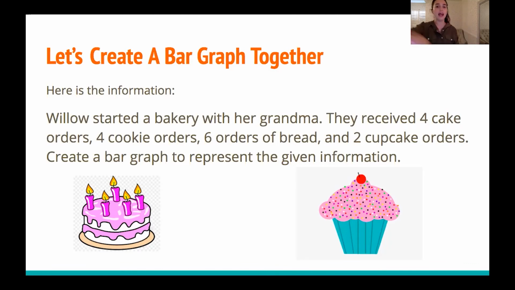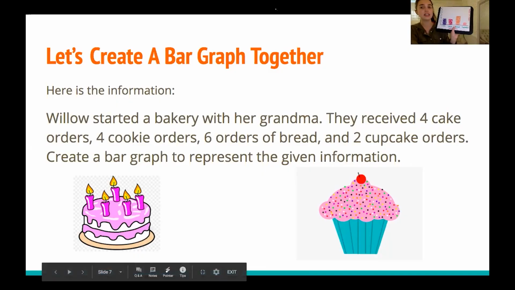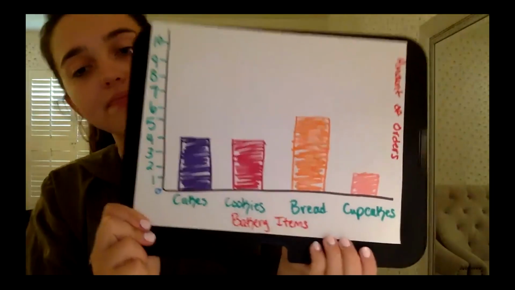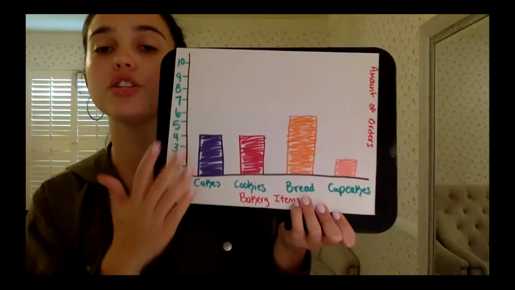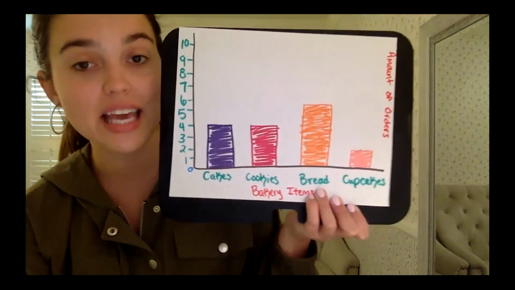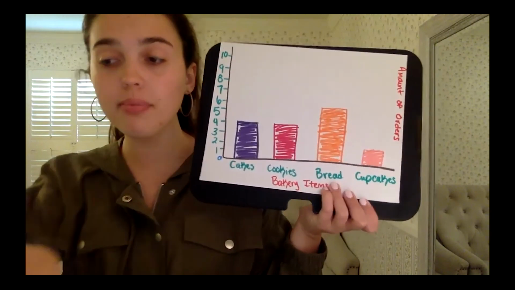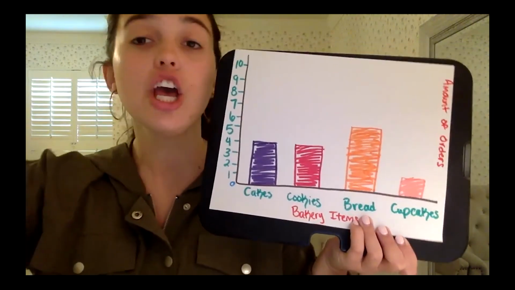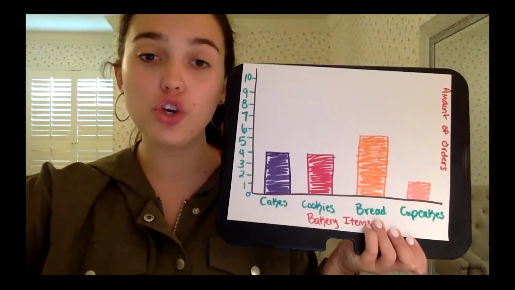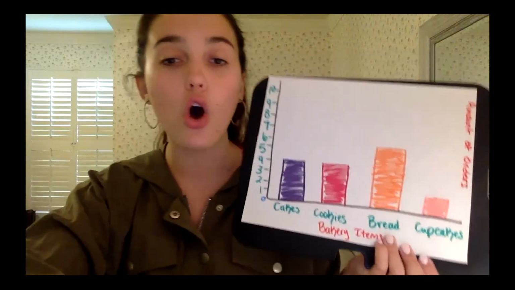So I'm going to exit out of this, and this is what I would like to show you, okay? This is how yours should look. If you guys need to write the amount at the top, you can go ahead and do that. But if you feel confident to just jump on in and start to solve problems, you can also do that.